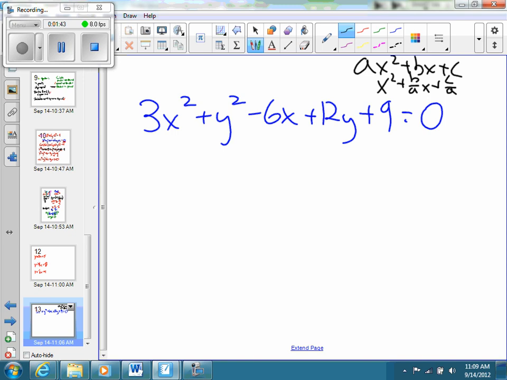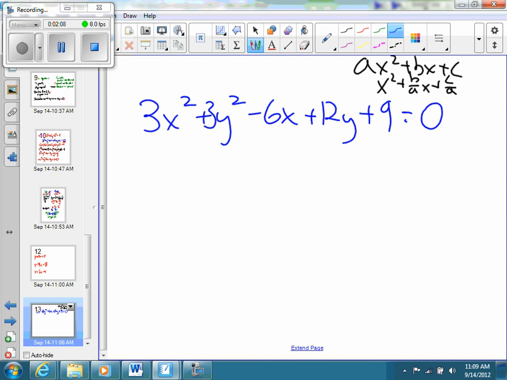So I have a 3. That's a problem. Okay. No, I'm going to rewrite this equation. This will be a 3y squared. Okay. So I have a 3x squared and a 3y squared, right? How am I going to get it so that they're just 1? Because I know I'm going to have to complete the square. I know I'm going to have a quadratic.